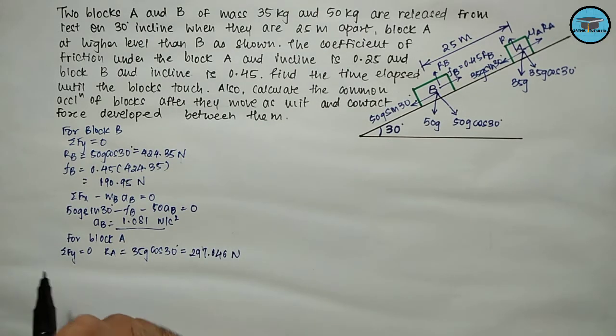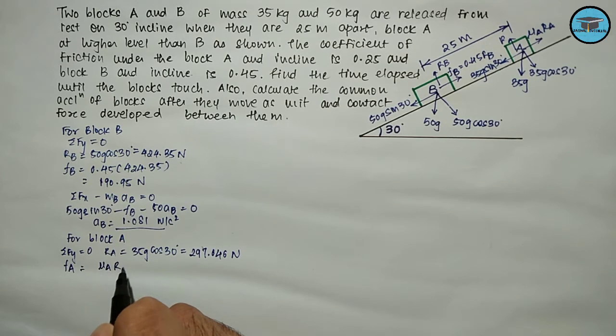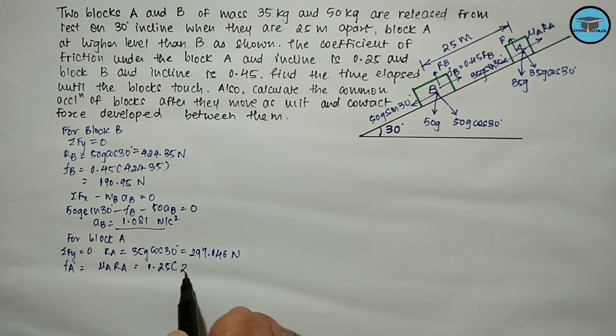Now the frictional force for block A comes out to be mu A times RA. Mu A is given as 0.25, so 0.25 times 297.046. So the value of the frictional force for block A comes out to be 74.26 Newton.